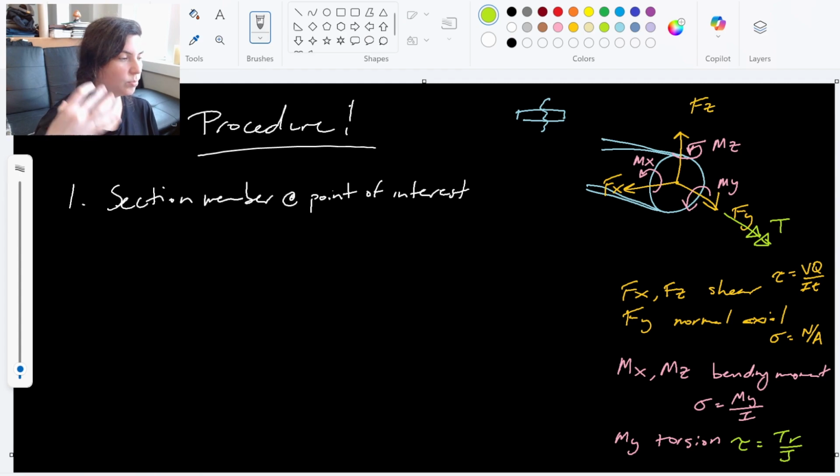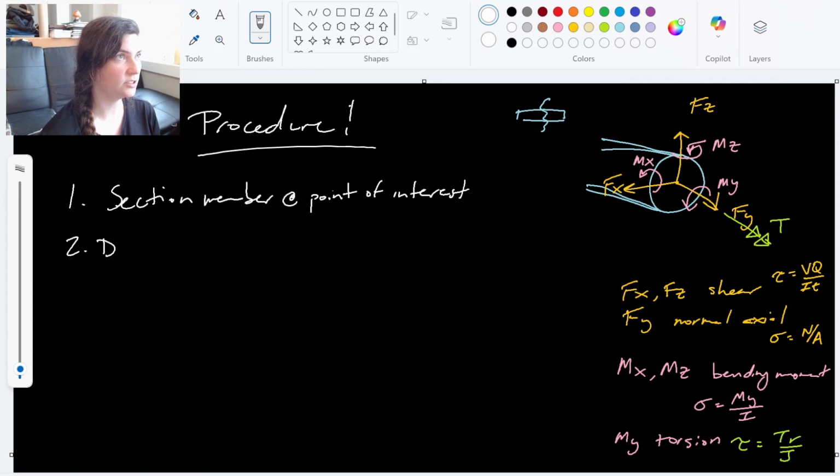So you can see we can get pretty much everything that we need, all of those forces, when we cut through this cross-section and solve with statics. So that's going to be number 2 here, is once we make that cut through the cross-section, we can see what forces we have going on. We want to find those forces, right?